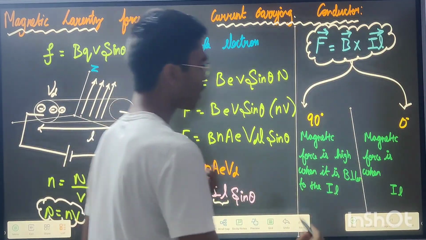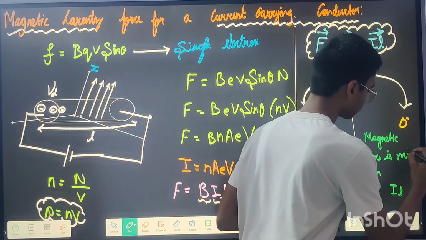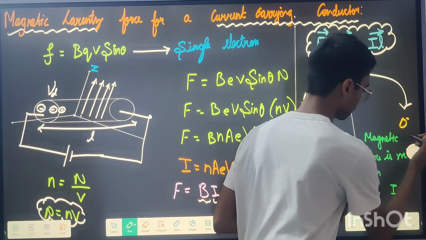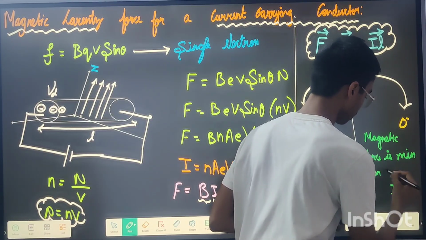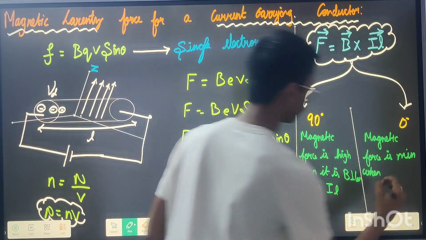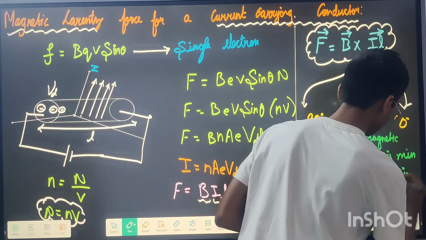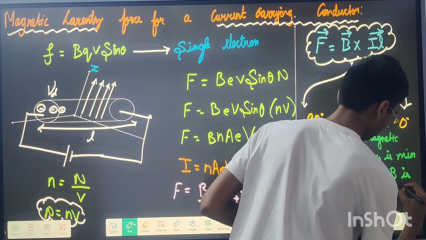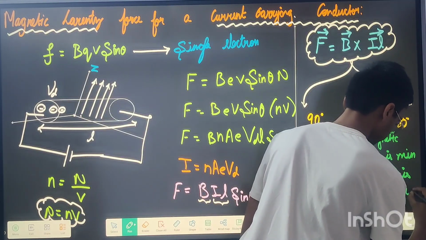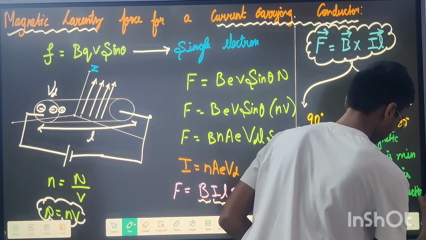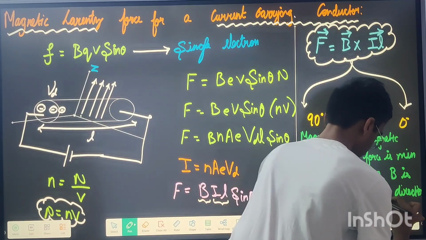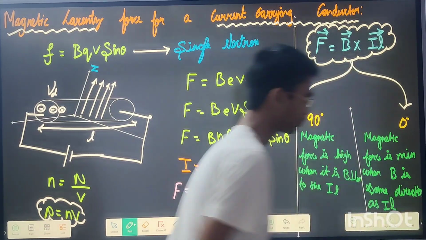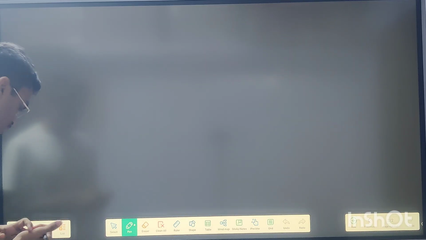So magnetic force is minimum when magnetic field is in the same direction as IL.